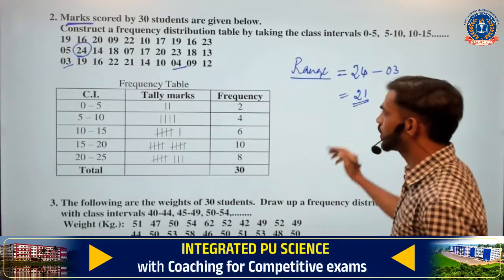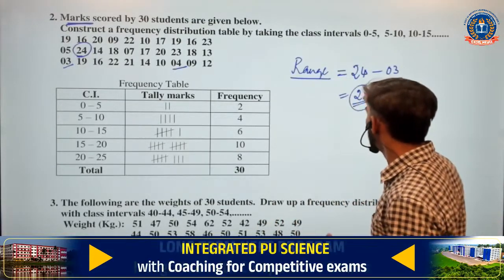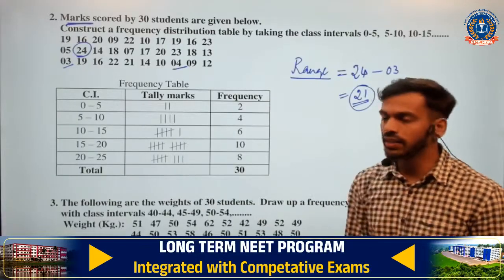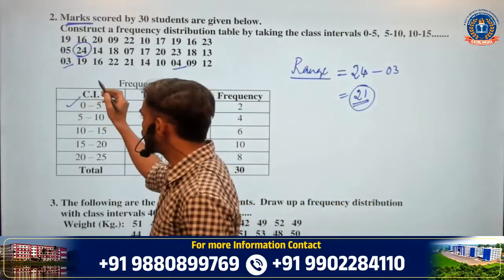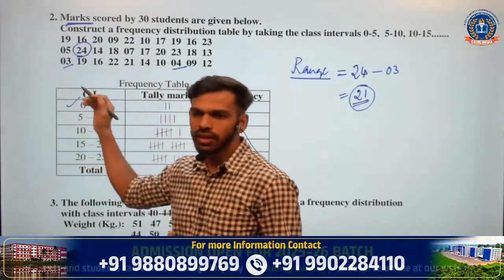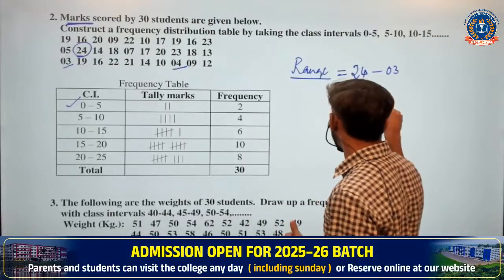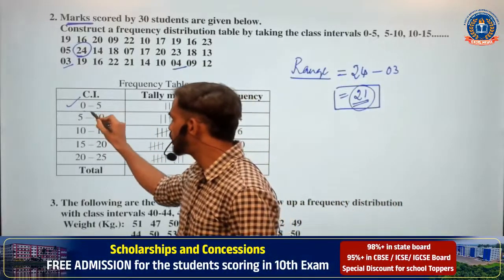So it is comparatively large. When we have a large range, instead of specific values, we can have class intervals. Here the range is not too large, so at that time we can go for the width.